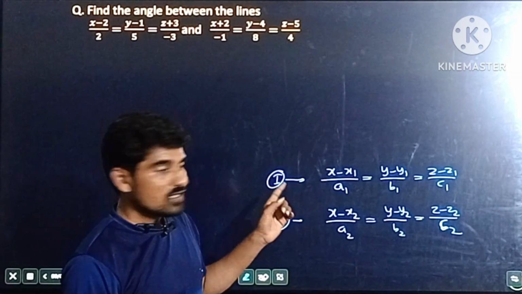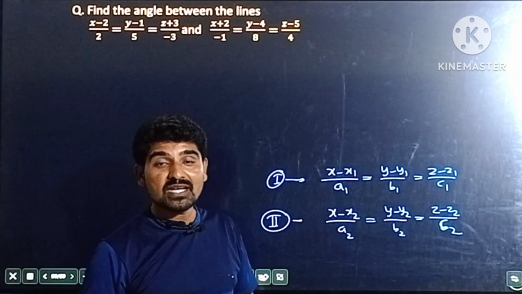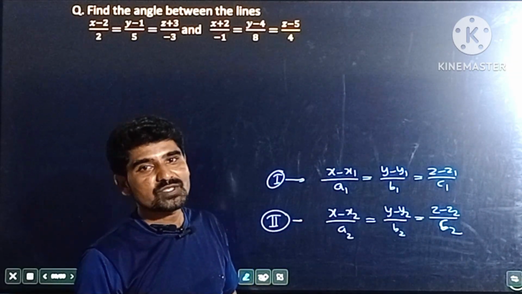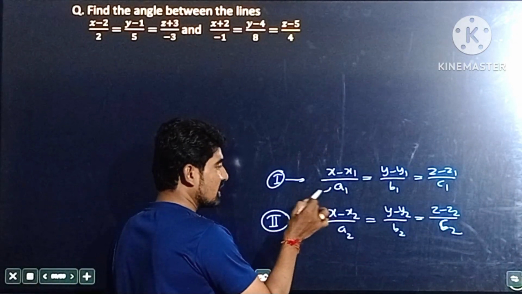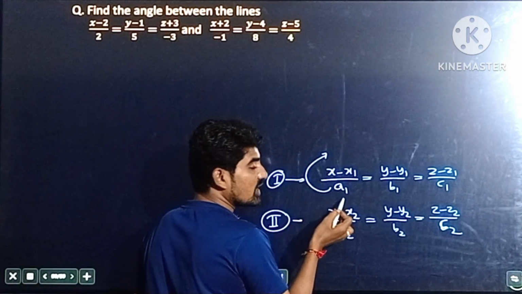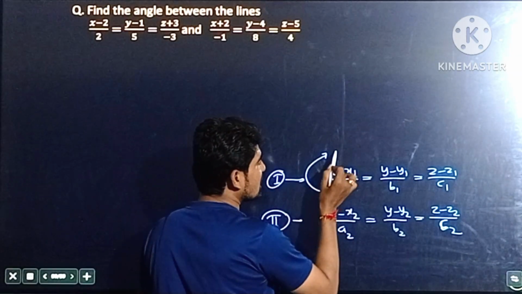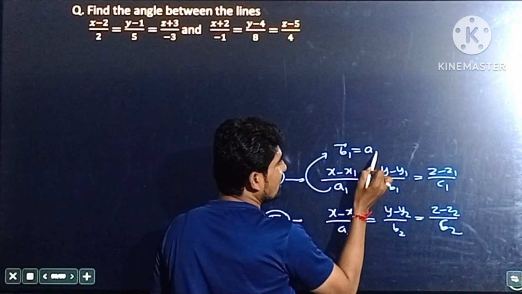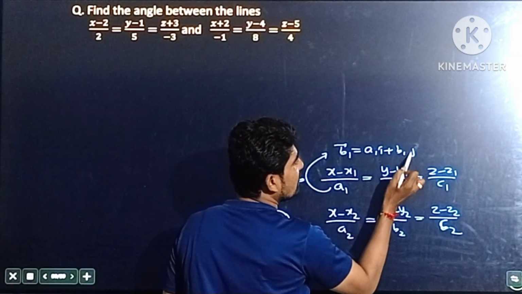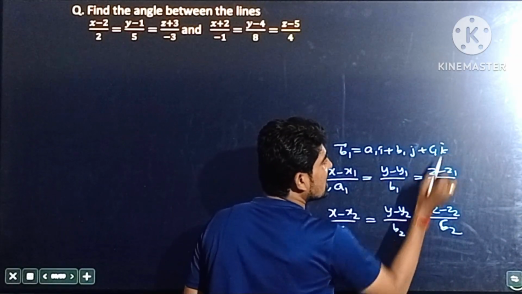So in the first line, a1, b1, c1 are the direction ratios of the direction vector of the line. It means the parallel vector or direction vector of this first line, that is b1 vector, is equal to a1 i plus b1 j plus c1 k.